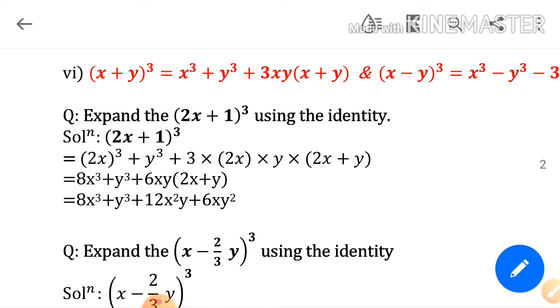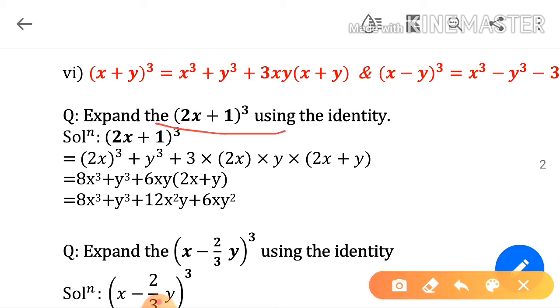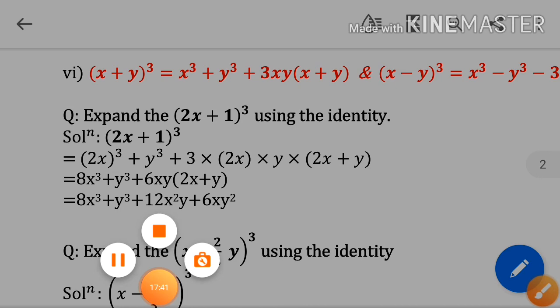Now we have to expand (2x + y)³. We have to use this formula, (x + y)³. Here x equals 2x, so (2x)³.